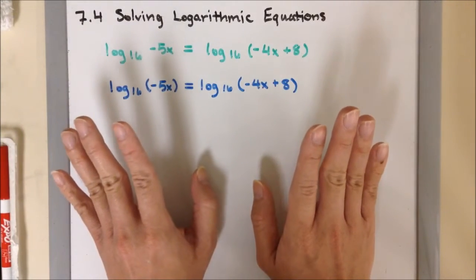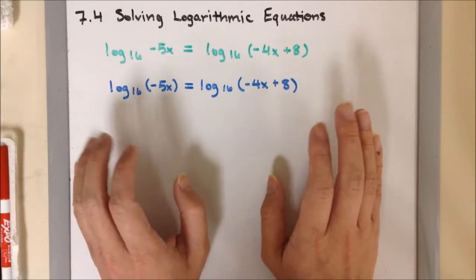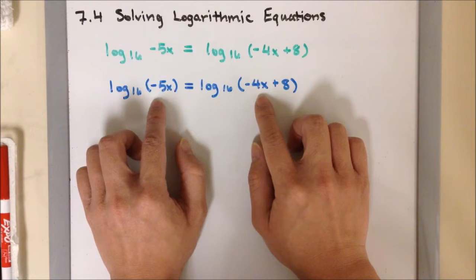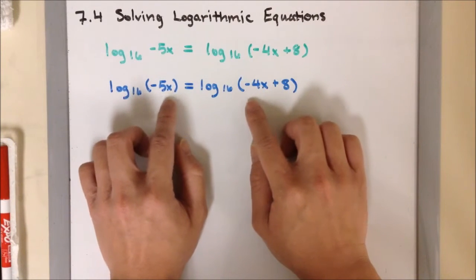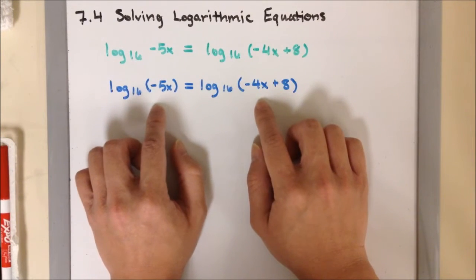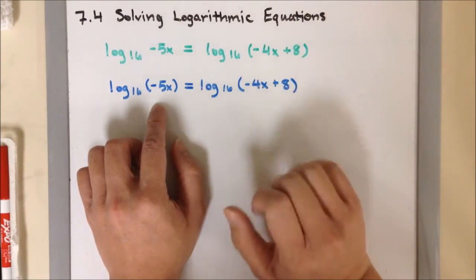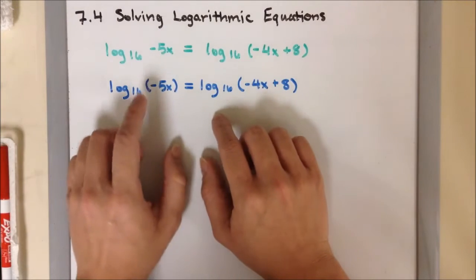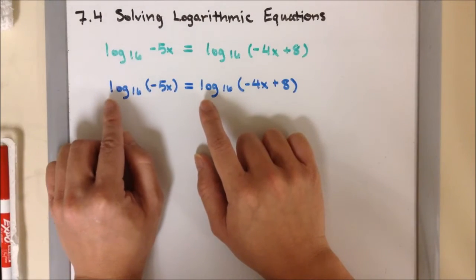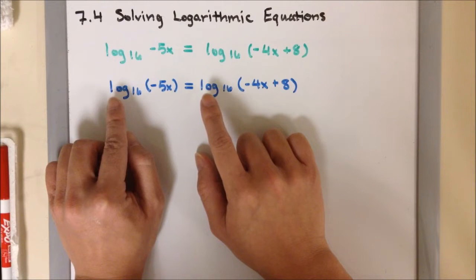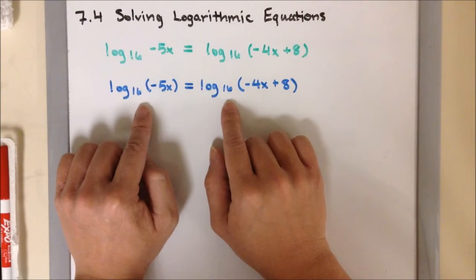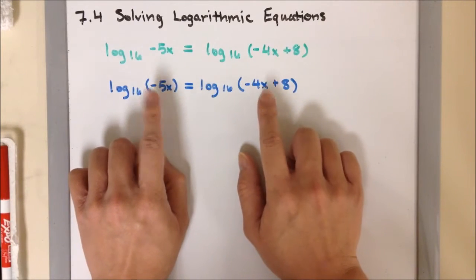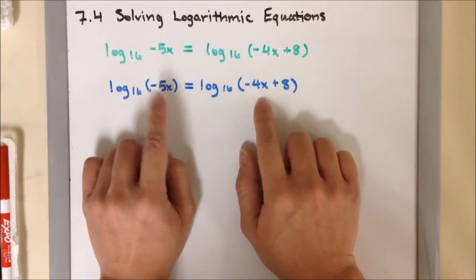As long as it has a variable, and then when we solve it, as long as it doesn't make the inside of the parenthesis or the log answer become a negative number, then you should be fine. Now moving on, when we're solving this particular log equation, if you notice that both sides have log and it's the same base, then simply we're just going to focus on what's inside the parenthesis or the log answer.